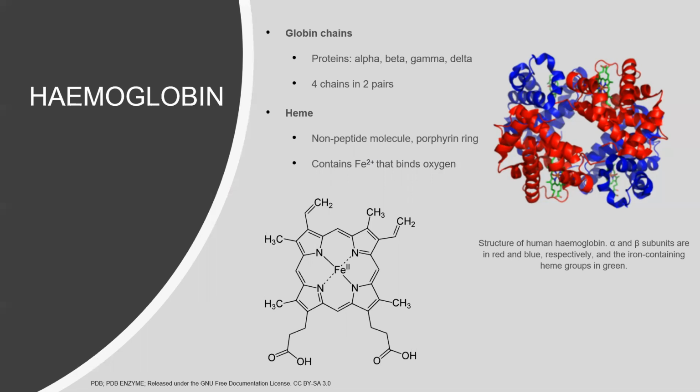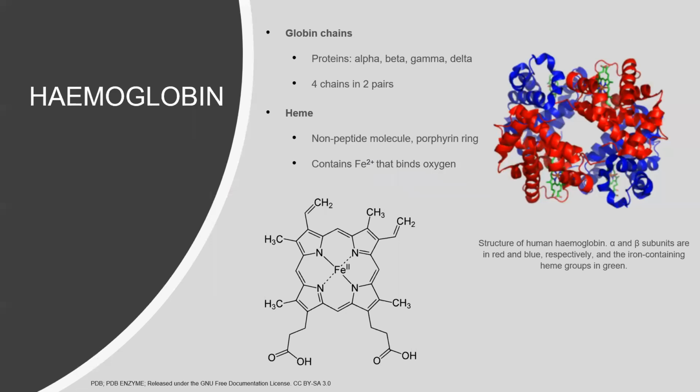Hemoglobin contains heme and globin. Globin chains are large globular proteins, right? And there are several different kinds of them, as you can see: alpha, beta, gamma, and delta. Those are used to make different molecules found in our RBCs.